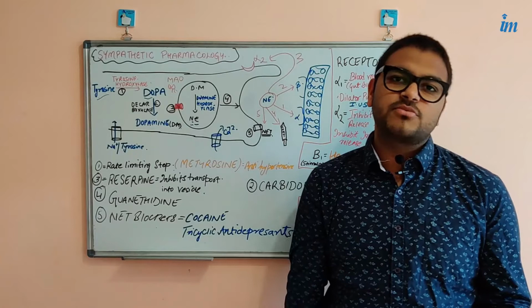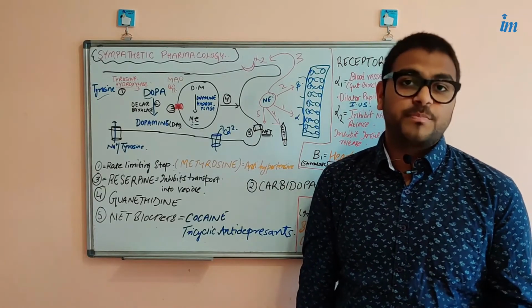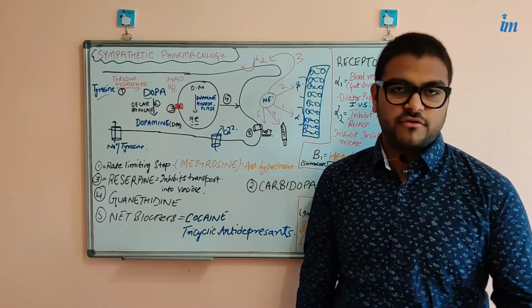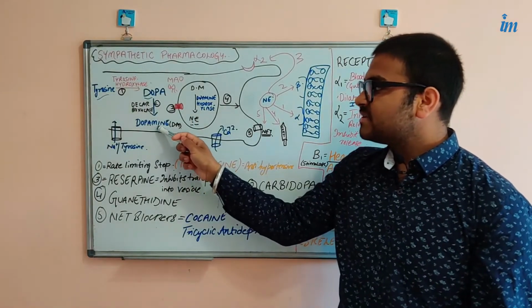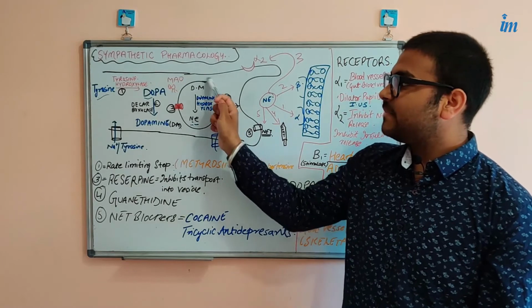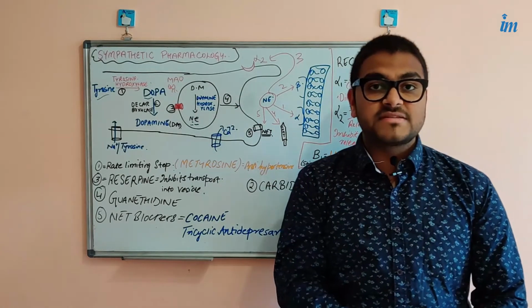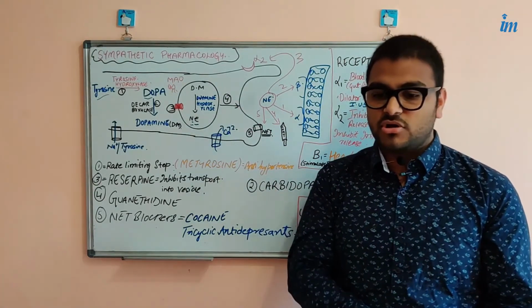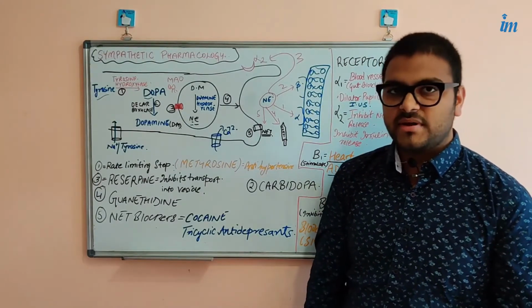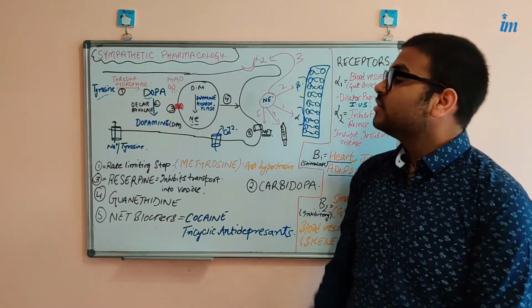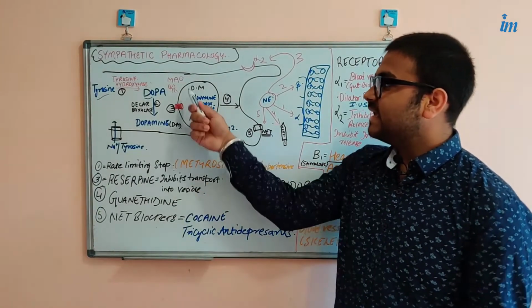Why do you need to transport? To prevent the dopamine from degradation by the action of MAOs present in the neuron. If the dopamine is transported into these synaptic vesicles, now the dopamine is safe. Now the MAOs, that is monoamine oxidase, cannot act on the dopamine, and thus it is prevented from degradation. Okay, I have represented dopamine as DM.